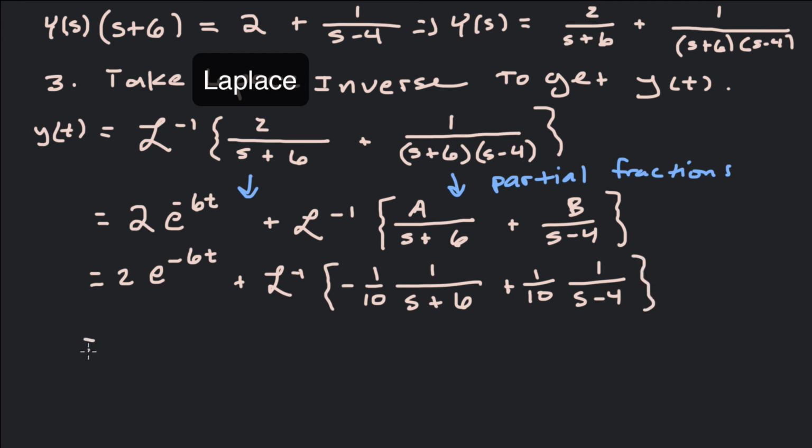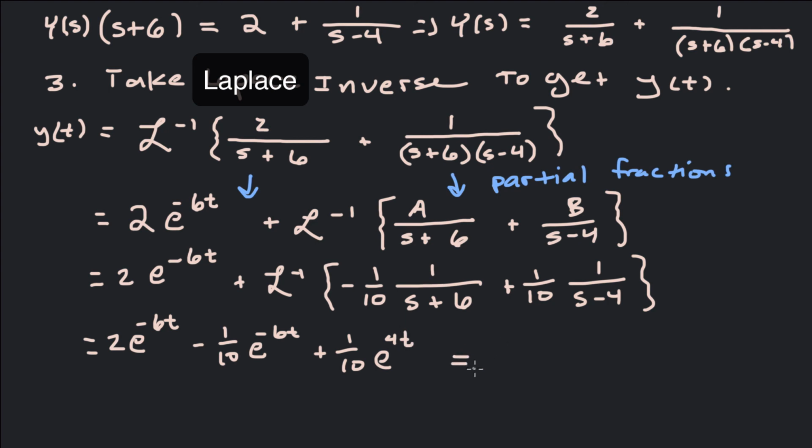Now we can take the inverse Laplace transform. This is just going to be an exponential, and this is just going to be an exponential. We keep those constants and pull them out. So this is 2e to the negative 6t minus 1 over 10 e to the negative 6t plus 1 over 10 e to the 4t.